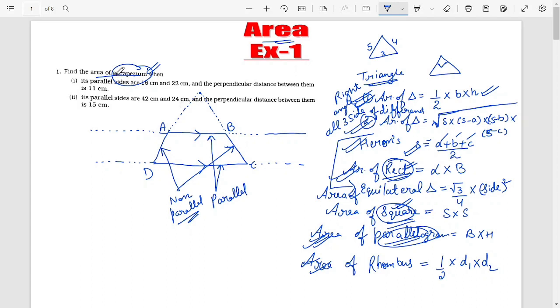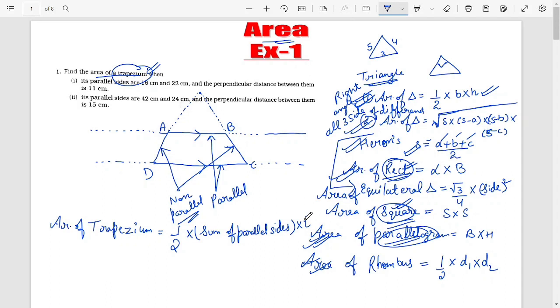Now how will we find the area of a trapezium? In order to find the area of a trapezium, you have to remember the formula. Area of trapezium is equal to half multiply sum of parallel sides multiply by height.